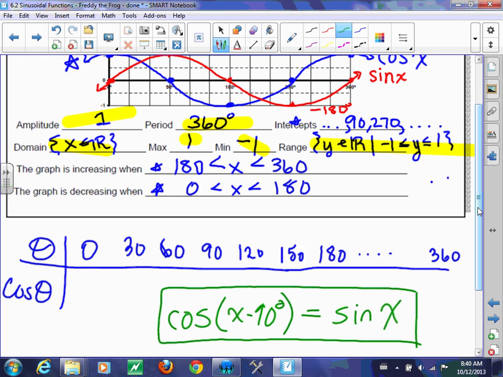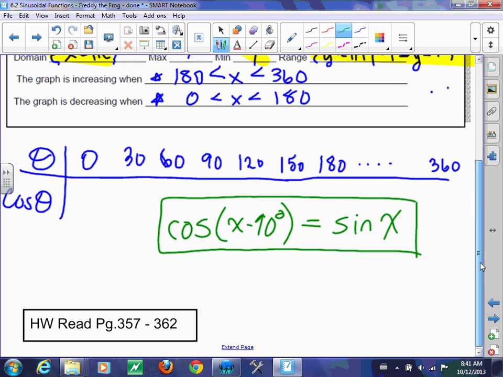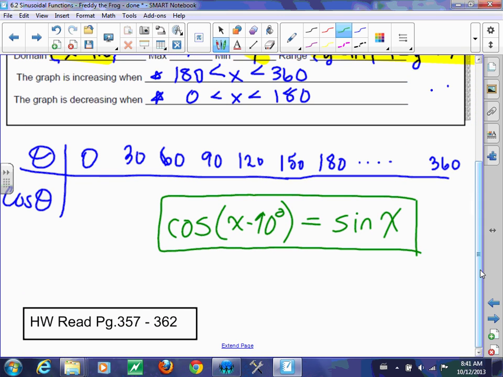Again, once you get started, you follow the same pattern. It depends on where you start though. Okay, so you're always going to be drawing probably 5 key points, and you either start at the axis, go axis, max, axis, min, axis, or you start at your max and you go max, axis, min, axis, max. So you're still developing the same patterning. But again, to relate one to the other, there's a 90-degree shift.